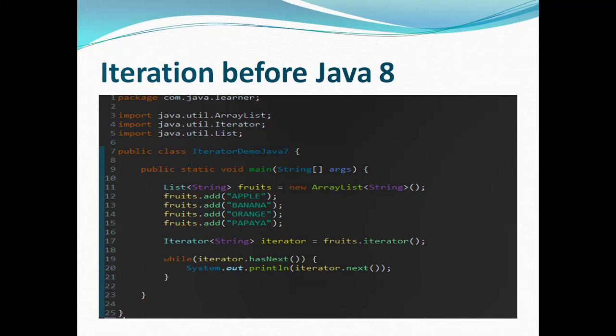The hasNext method returns true until all the elements in the collection are traversed, and after that it returns false, which signifies there are no more elements to be processed, and this while loop ends here. And the iterator.next method returns us the next element in the collection. So this is how we used to iterate a collection until Java 7.